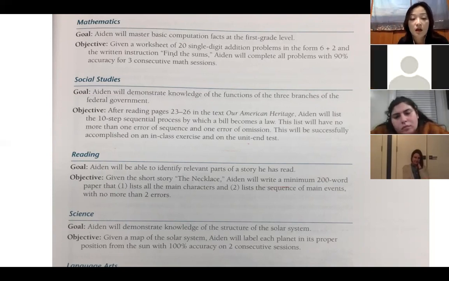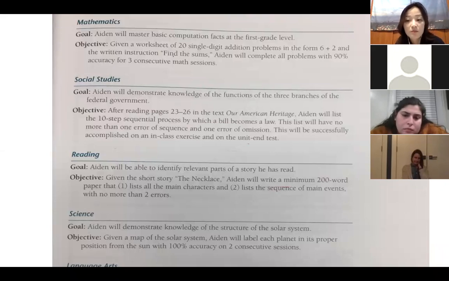Social studies, let me read the goal again and the objective. Aiden will demonstrate knowledge of functions of the 3 branches of federal government. The objective can be very specific: after reading pages 23 to 26 in the text, Our American Heritage, Aiden will list the 10-step sequential process by which a bill becomes a law.